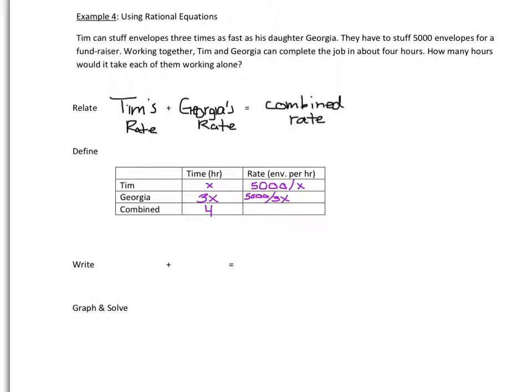And then their combined is 5,000 divided by 4. Hey, we can figure out that number. What's 5,000 divided by 4? 1250. Clay is right again. 1250.